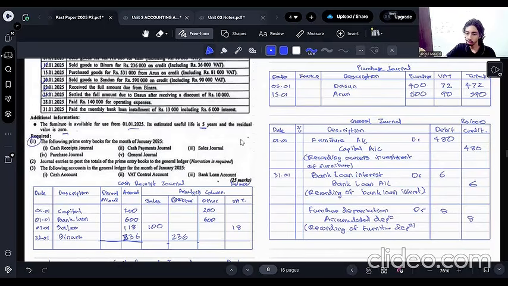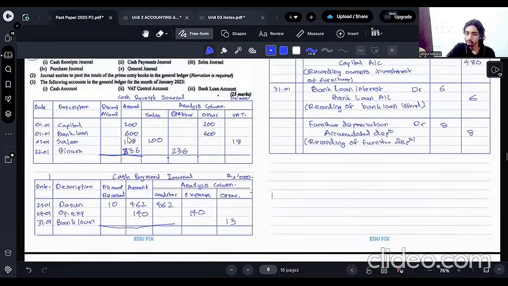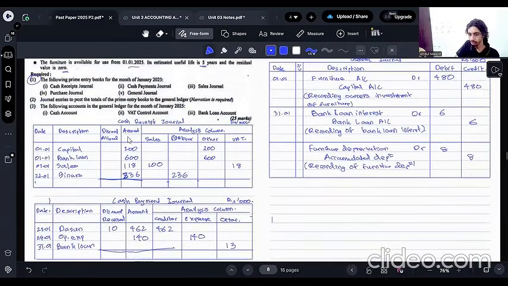Now we have to total all of it. Okay, so we have to total. Then there is, you can say here 31st of January. You have to say this posted to ledger, discount allowed 0, total amount 200 plus 600 plus 118 plus 236, that is 1154.